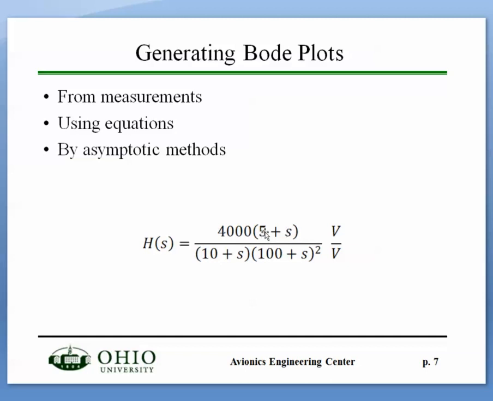This one's going to have a breakpoint at 5, and so if I were looking at the asymptotic plot, I would draw a curve up. This one's going to break at 10, and it's going to break down, and this one's going to break at 100, but it's squared, so it's going to break at a steeper rate. I'm not going to go over that too much, but I did want to introduce you to what a Bode plot was, and then in your homework you'll get to actually do one.